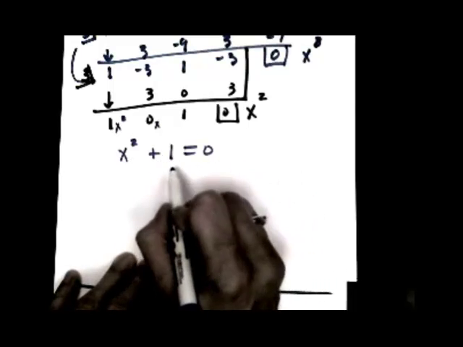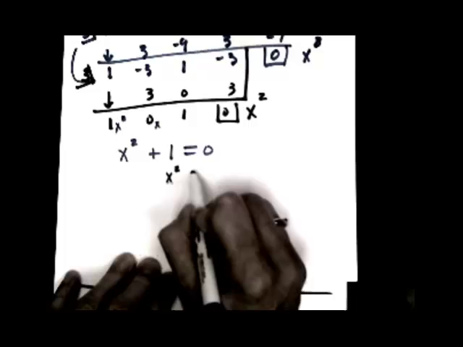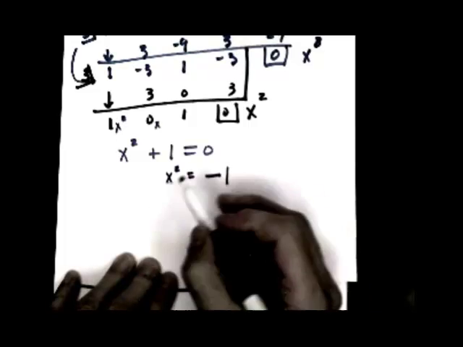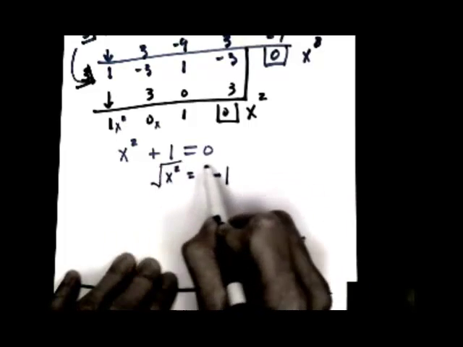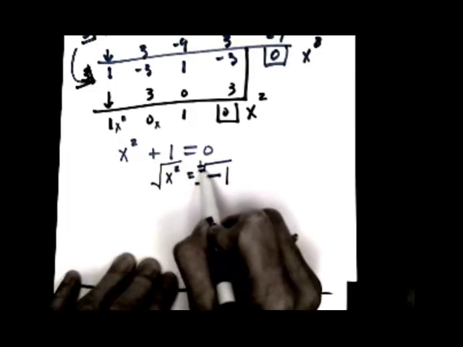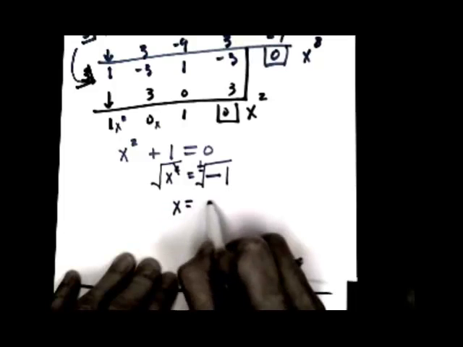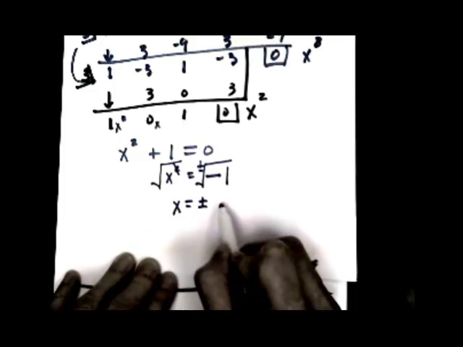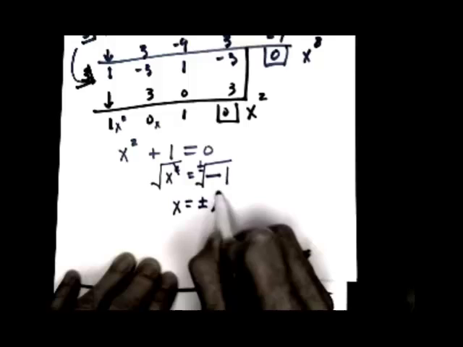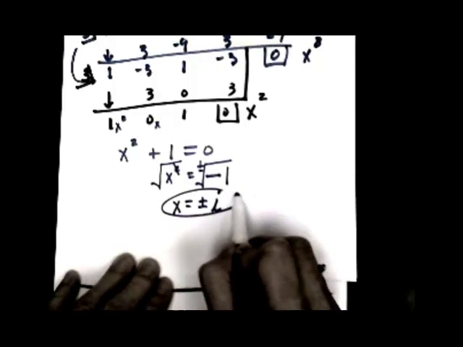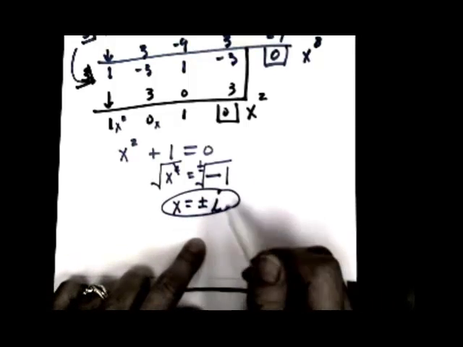Move the 1 over and it becomes negative 1, so x squared equals negative 1. When you take the square root, remember that a plus or minus always goes in with a square root when it wasn't in the original problem. And the square root of negative 1 is 1i, or just i. So your last 2 zeros are positive and negative i.